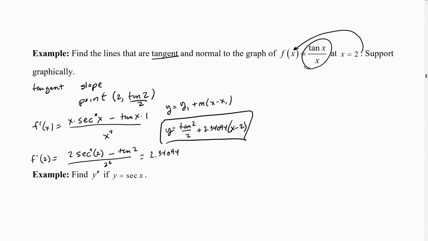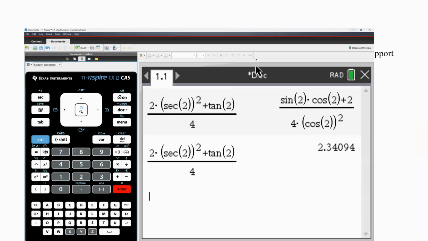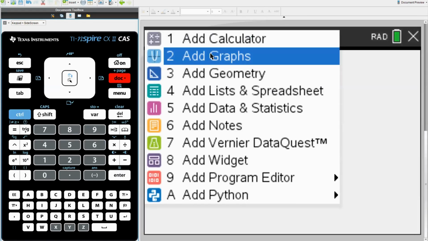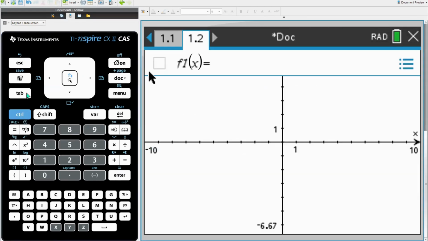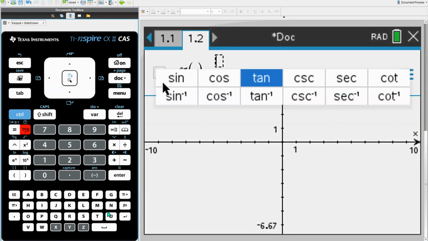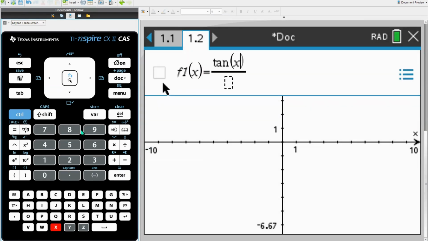All right, let's go see if it ends up being true. Okay, I'll add a graphing page. I'm going to graph, control division, and it was what? Tan of x over x.